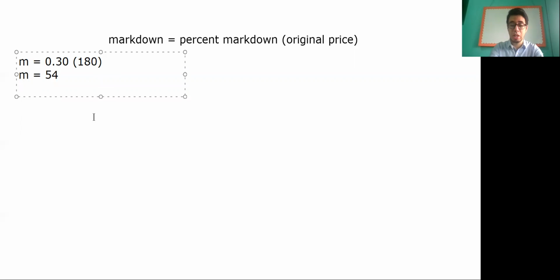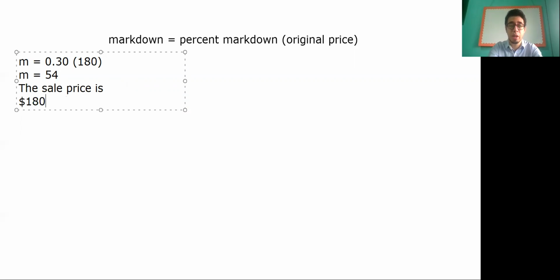So the sale price is $180, I'm going to write it down so you can see it better, $180 minus $54. Or this is going to be equal to what? $126. I'm going to write the $126 in here. So the sale price is $126.